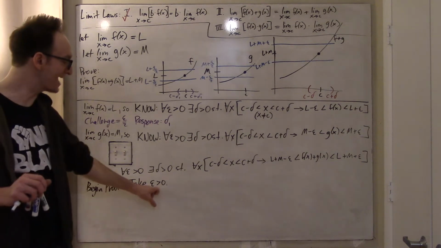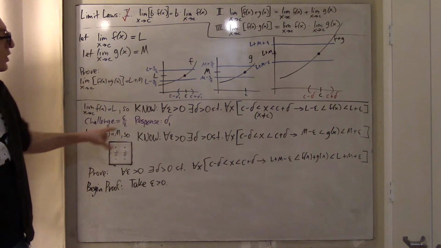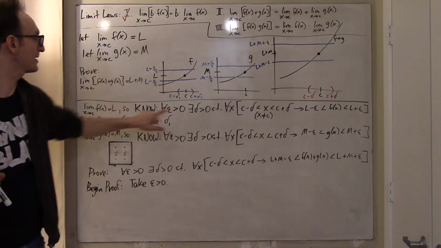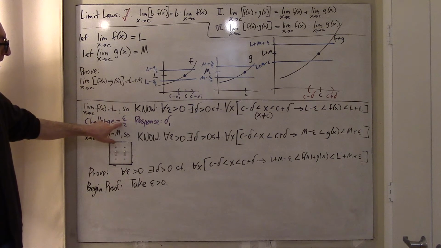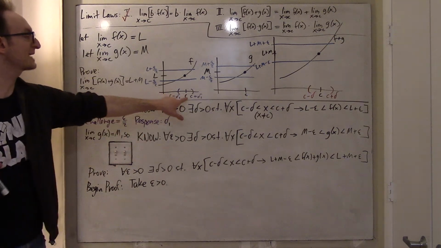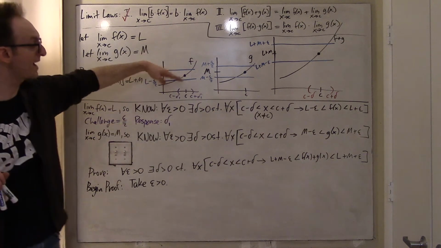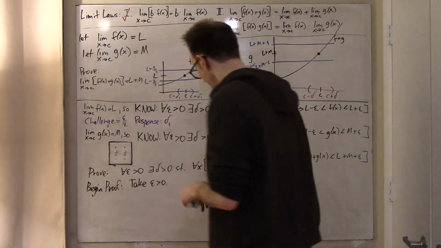I take my challenge, divide it in half, and go to my definition of what it means for the limit as x approaches C of f to be L, and I say, okay, how about epsilon over 2? Hey, limit, how close must I get to C in order for f to be within epsilon over 2 of L? And the answer is delta 1.